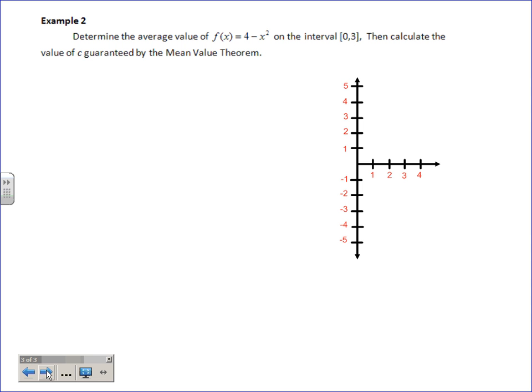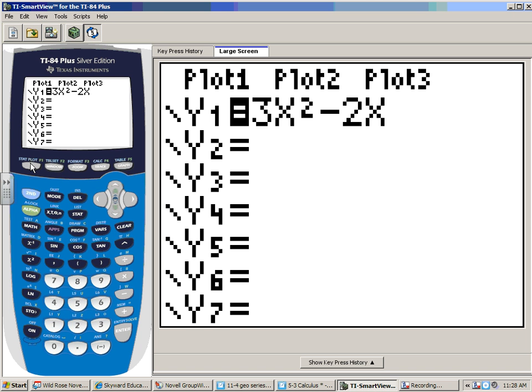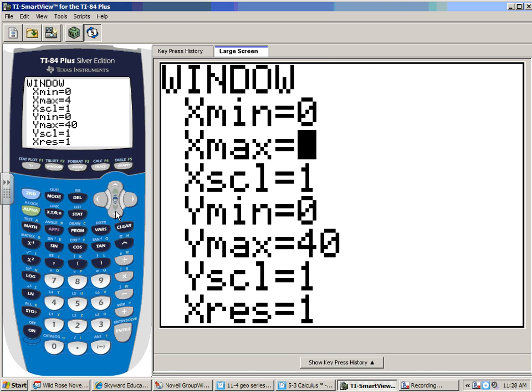So this one, ooh, the axes I gave you look a little on the scary side. But let's take a look at 4 minus x squared from 0 to 3. All I'm doing is setting my window to what was pretty much on the axes I gave you.